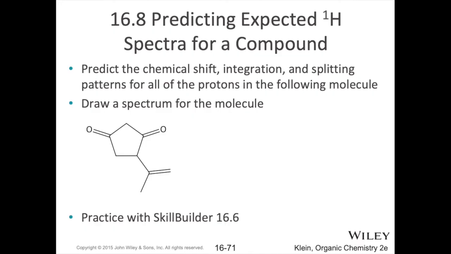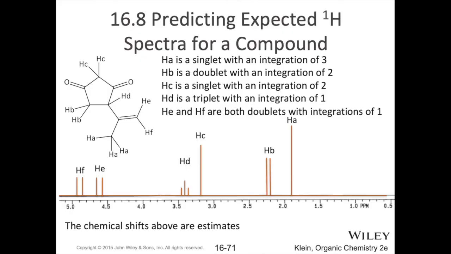Okay, so hopefully you've joined us again now after pausing this video, and here's what this answer looks like. When we identify all the protons on our molecule, you can see that this methyl group has equivalent hydrogens. Those are all homotopic to each other, so we can label that as hydrogen A. We've got these two protons here that are identical, and then the same with these two here.